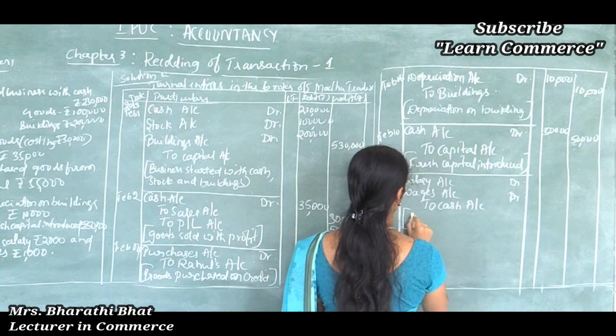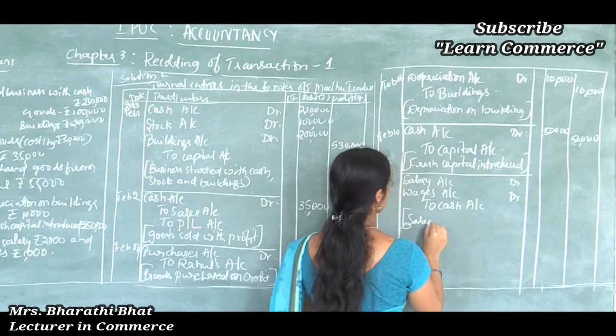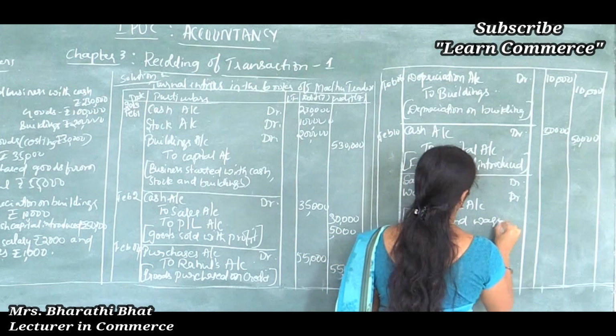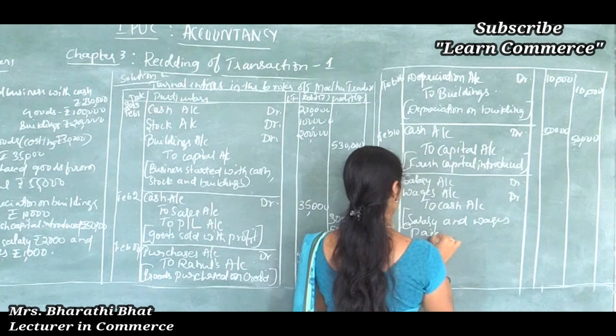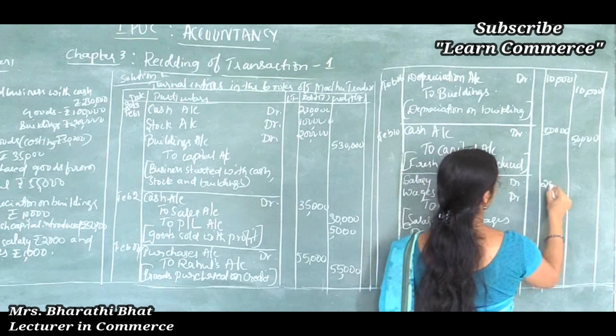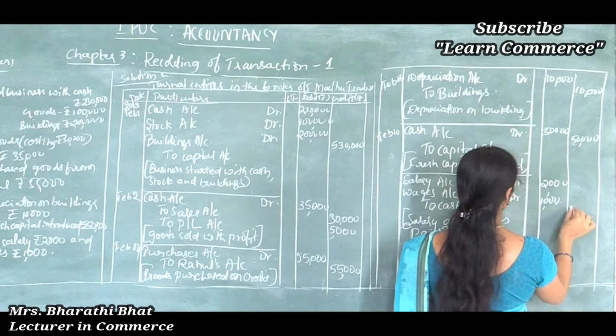Narration: salary and wages paid. 2,000, 1,000. Debit column must equal the credit column.